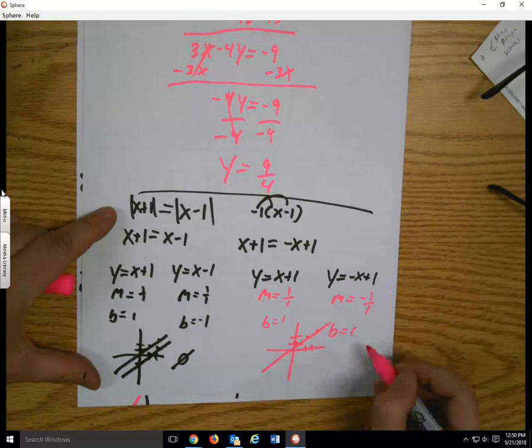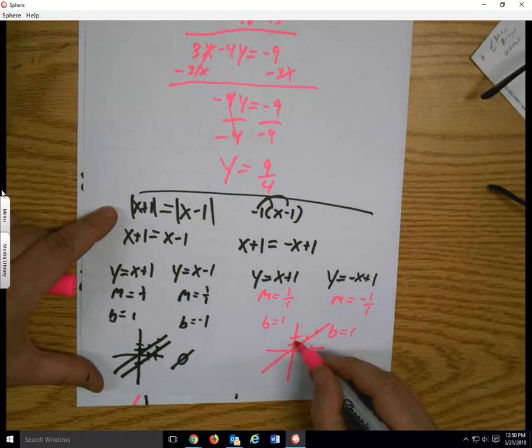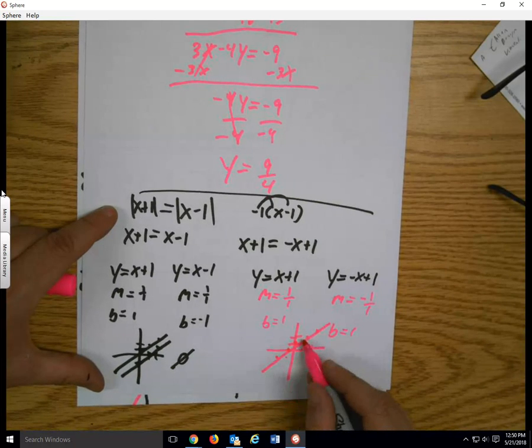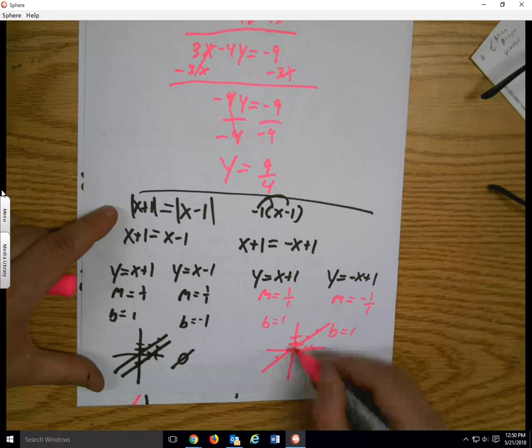This one, they're different because now the b is a 1. You're going down 1 over 1. Down 1 over 1. Whoops, sorry. Down 1 over 1 this way. My mistake. Down 1 over 1.